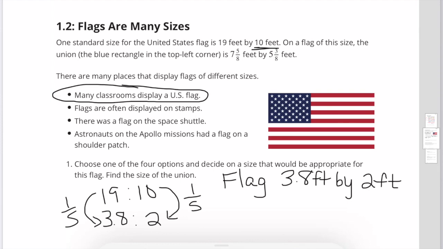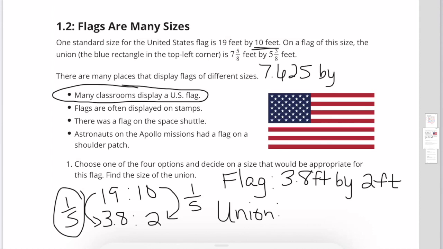So the Union, which is the blue rectangle, if I scaled my side lengths by 1/5, what will my Union now be? If you want, you can change your Union to decimal lengths. So 7 5/8 would be 7.625.